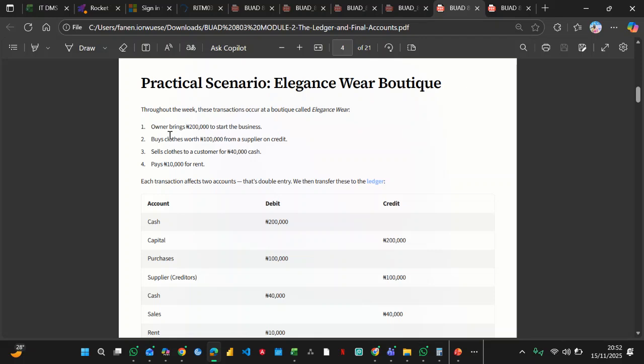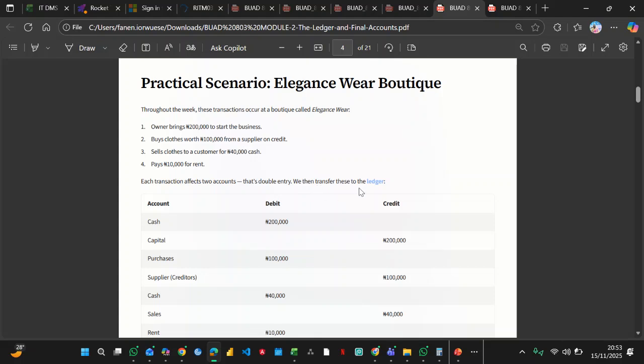The owner brings 200K cash to start the business. Then he buys clothes worth 100K from a supplier on credit. Then he sells the clothes to a customer for 40,000 naira cash and then pays 10,000 naira for rent.